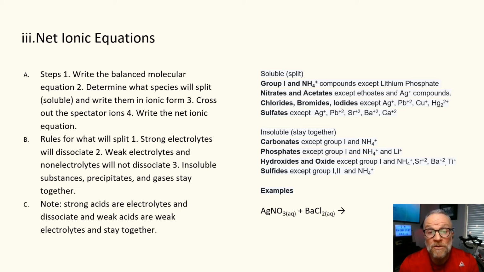Strong acids are strong electrolytes and will dissociate, and weak acids are weak electrolytes. So those are some general guidelines and trends. The solubility rules give you a roadmap to all that. And you still have to keep in mind the weak electrolytes and weak acids. You really need to know the strong acids, and everything else will be a weak acid.